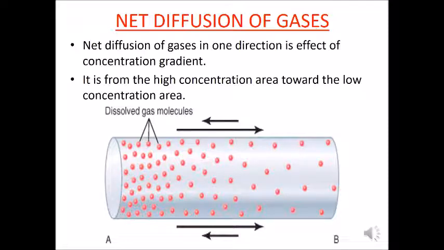Due to kinetic motion they are moving, they are striking against each other, they are also striking against the wall of the tube, but the net movement will always occur from high concentration to the low concentration. You can see there are two arrows. So this big, long arrow is indicating the net direction of the movement of the molecules.